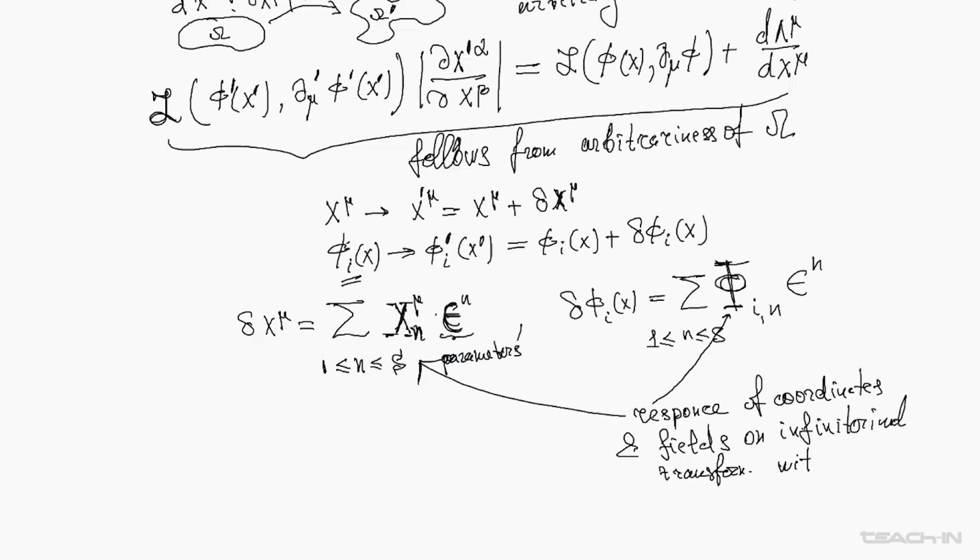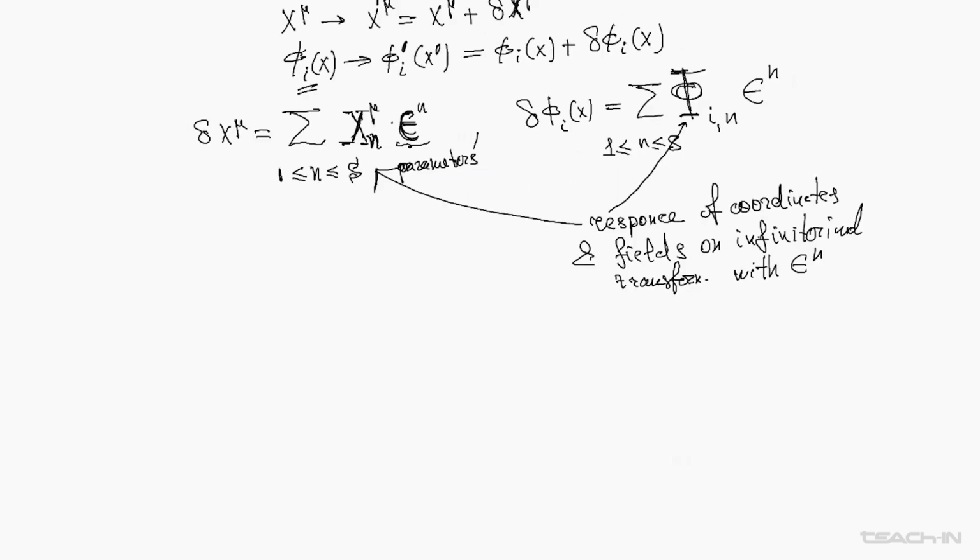Now, let's look at how the Lagrangian density transforms under symmetry transformations. For this reason, we first need to consider phi I prime of x prime. Infinitesimally, we write it this way: phi I prime, and I substitute what x prime is, x plus delta x.